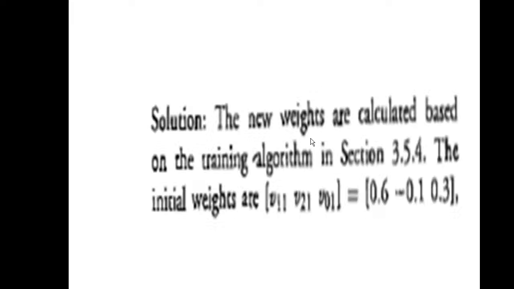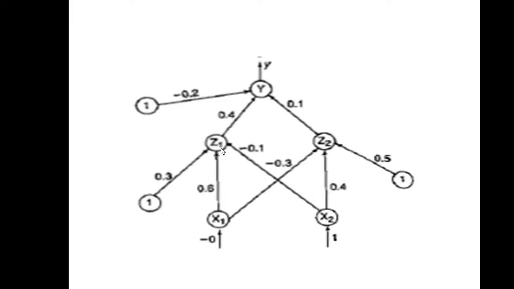And then we will represent W1, W2 and WO, the weights between the hidden and the output layer. W1 is 0.4, W2 is 0.1, and WO, that is a bias, is minus 0.2. The weights between the hidden layer and the output layer we are representing by W. This is W1 because it's coming from Z1, this is W2, it's coming from Z2, and this is WO.